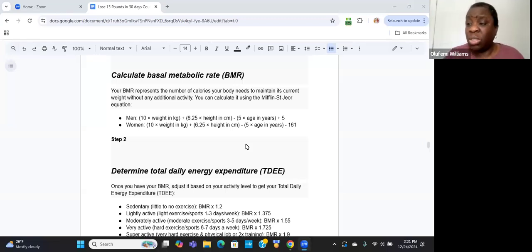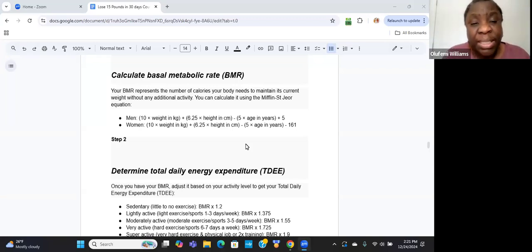Let's use the calculator. If your weight is 200 pounds divided by 2.2, that is 90.9 kg, or 90.91 kg. That's how to calculate kg.